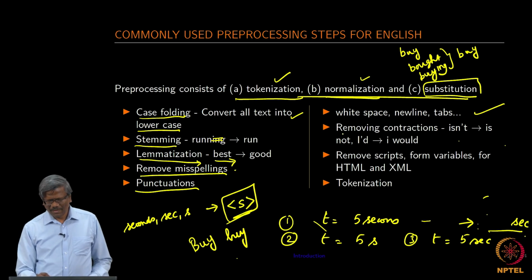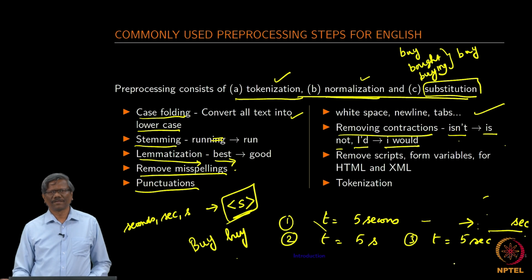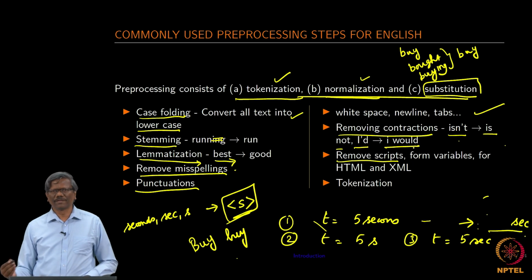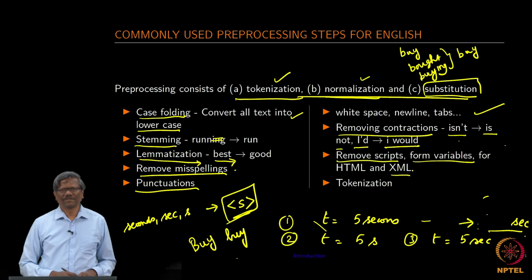Okay. Remove contractions. For example, isn't is replaced by is not, and I'd would be replaced by this. Okay. Removal of scripts. If you are dealing with an HTML corpus, you should be removing all the JavaScripts, form variables, and some XML tags and so on. Okay.